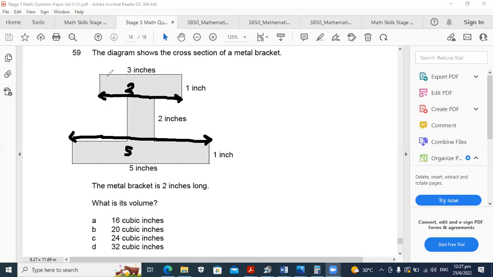Because if this piece is 3 and this piece is 5, all right, you know, then this piece here must be 2, all right. Yes, sir.